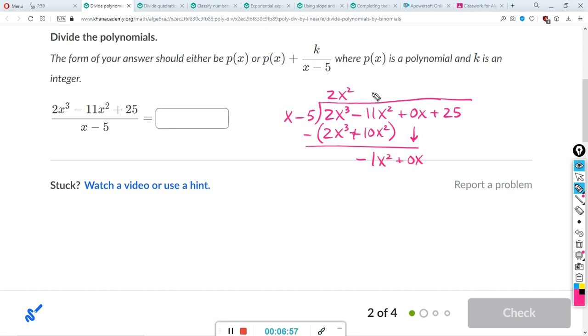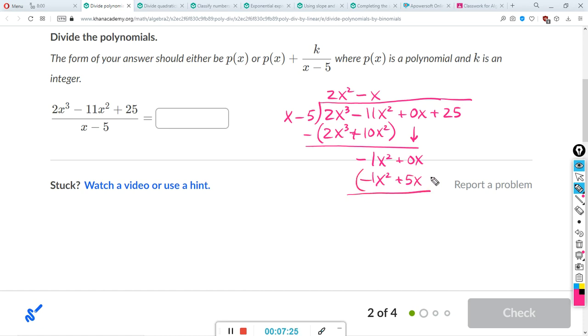Okay, so what times x will give me negative 1x squared? Well, that's just negative x, right? Negative x times x is negative x squared. Same thing, you can put the 1 out front if you want, it doesn't matter. And negative x times negative 5 is positive 5x.